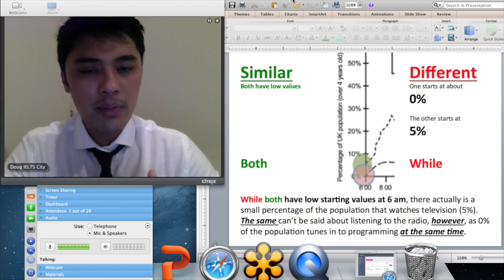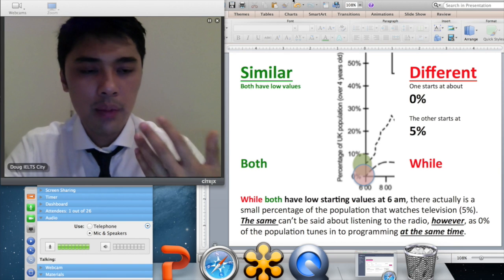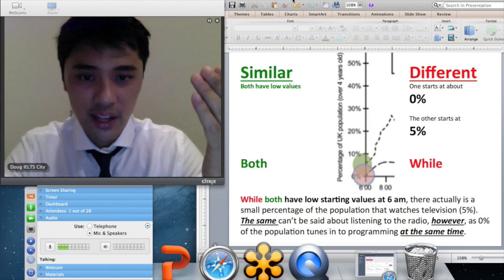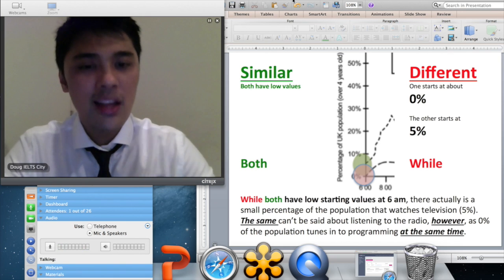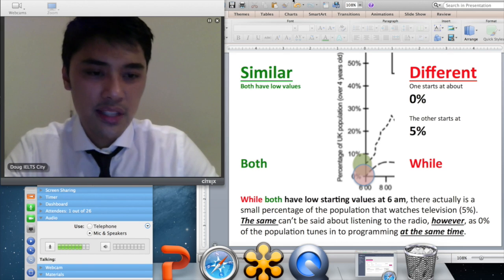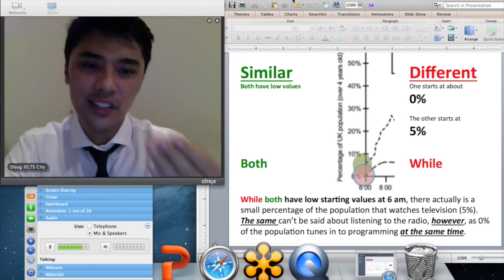Now, the same is a way to reference the idea that when it comes to watching television, there was a small percentage that watched television at that time. The same, meaning a small percentage, can't be said about listening to the radio. So when I'm using the word the same, I'm referencing a previous idea.